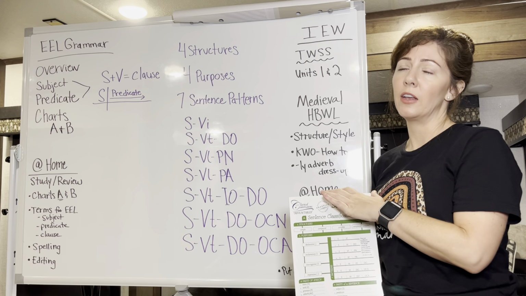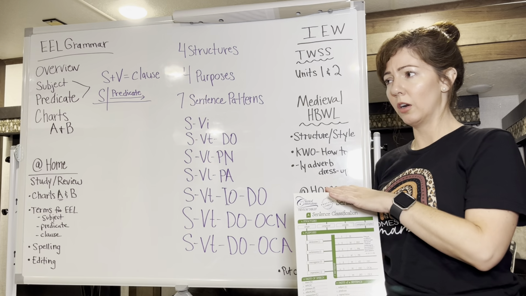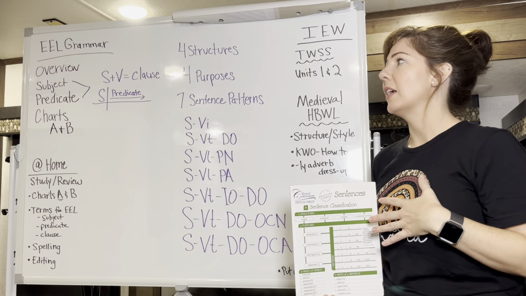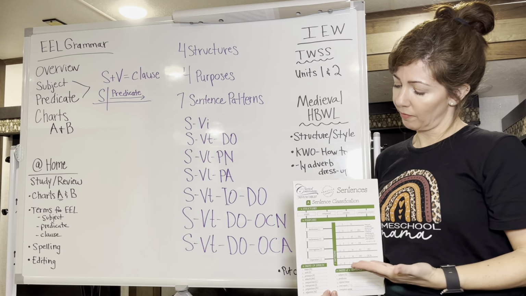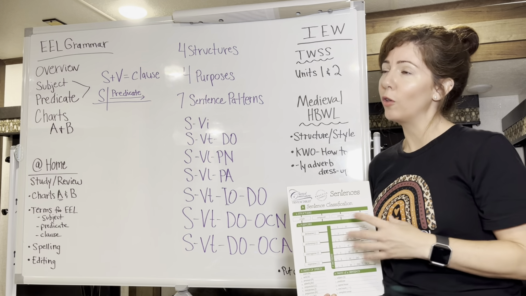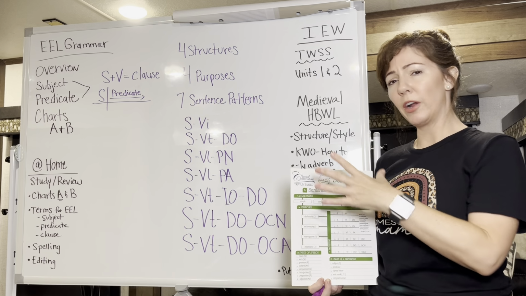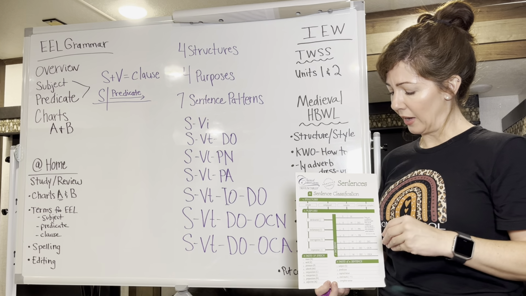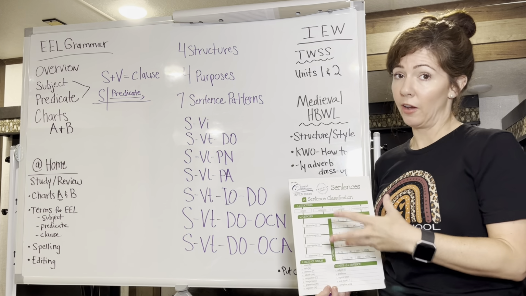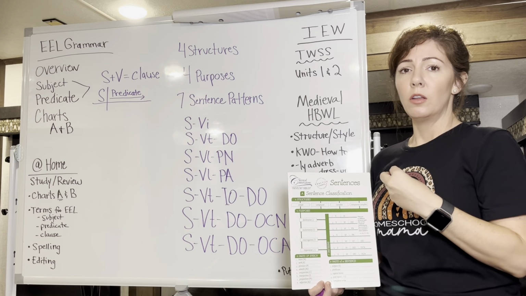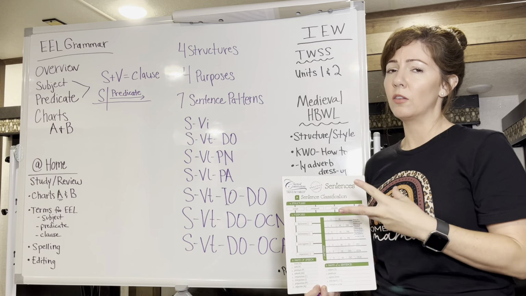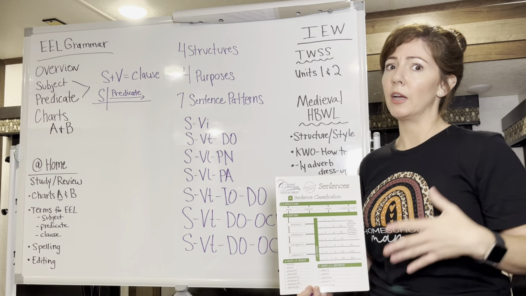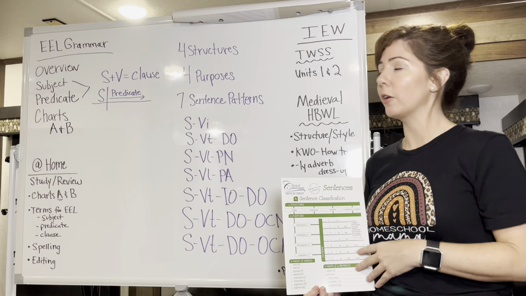Our chart A is our master chart, our mothership of charts, our ring of all rings, because all of the other charts that we're going to get into branch off from this or come back to this in some way. Knowing these things is going to help us when we learn to diagram and break down our sentences and look at things more in depth, which is what we're going to be doing very rapidly as we move on week by week.